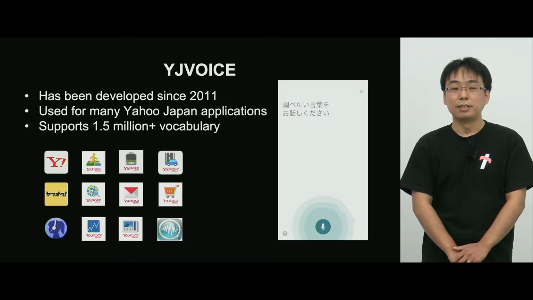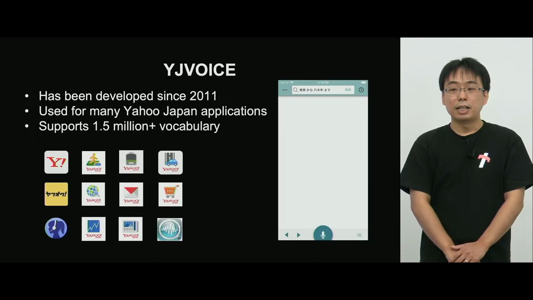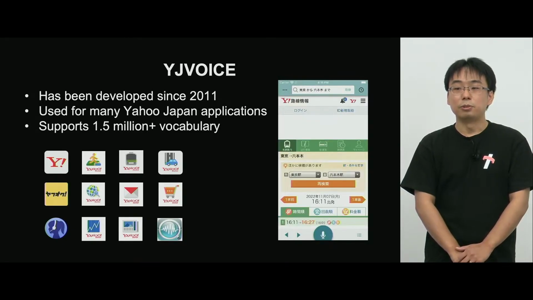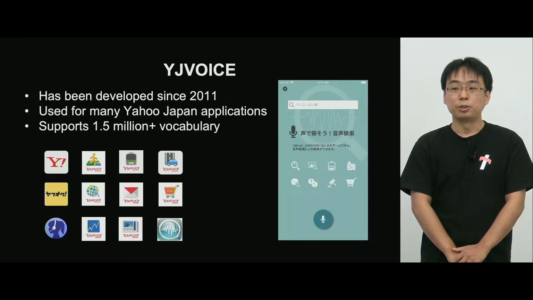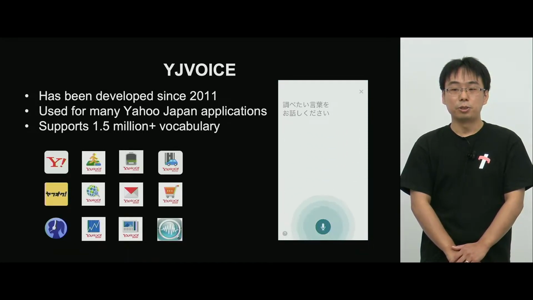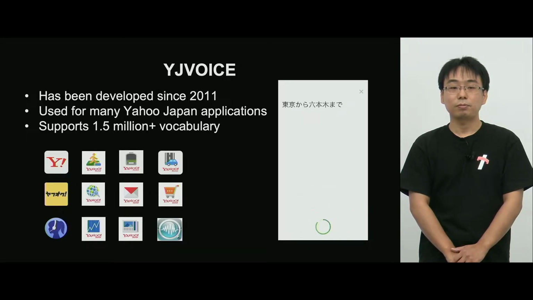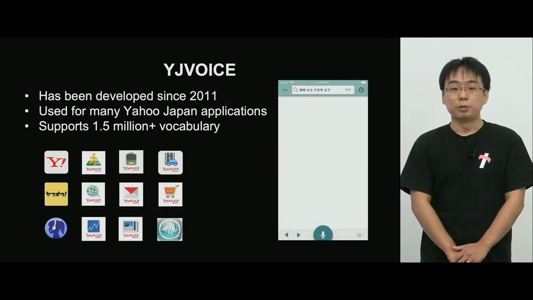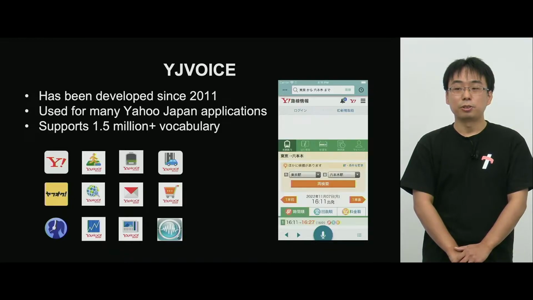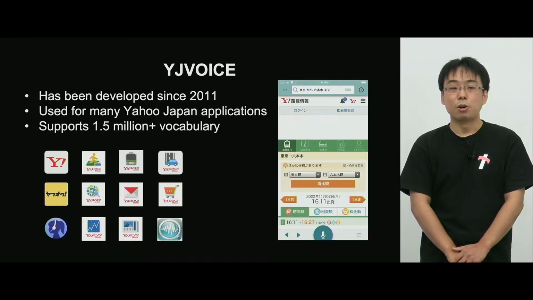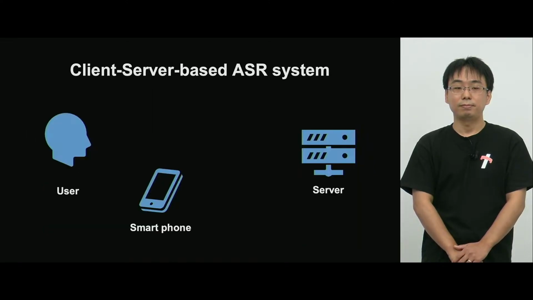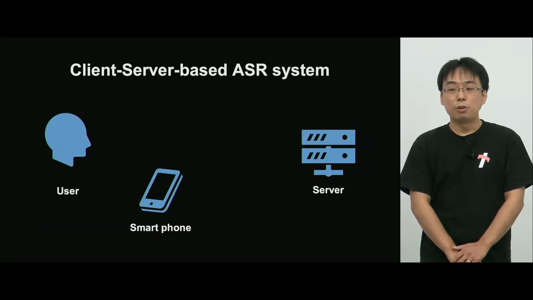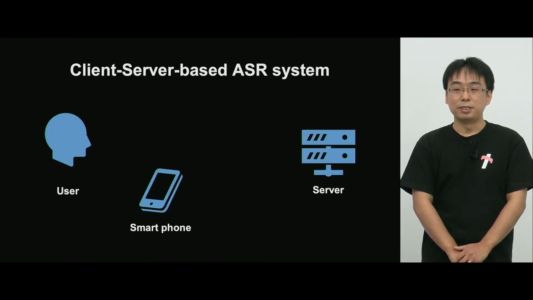YJVOICE has been developed by Yahoo Japan since 2011, and this is a proprietary ASR. Currently it is used for speech and dialogue in many Yahoo Japan applications. It can output more than 1.5 million words. In our project, to verify the latest ASR technology, we offer the 音声検索 lab application as a lab application.